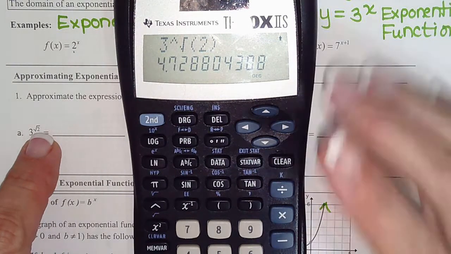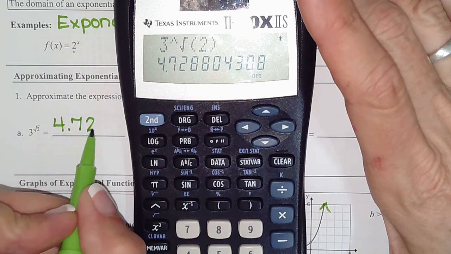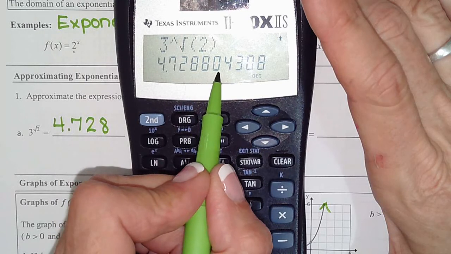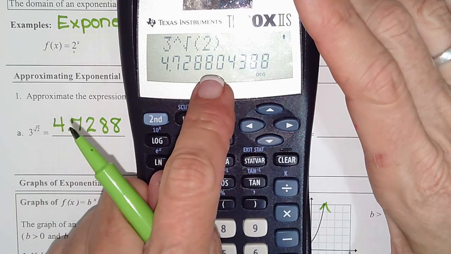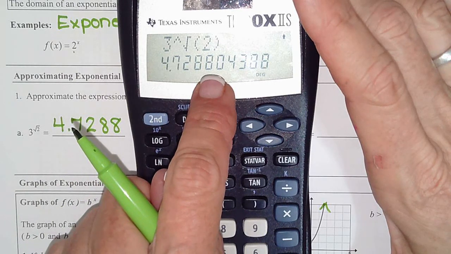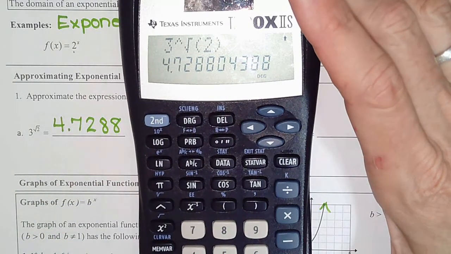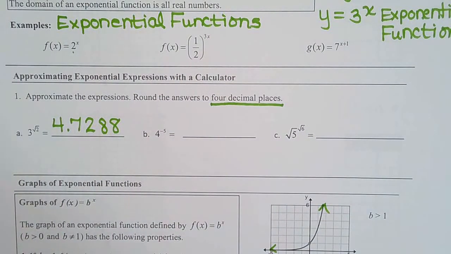So that gives us 4.728. And then we look at the 4th decimal. It's followed by a 0, so that means leave it 8. So our only choice is, does it stay 8 or does it become 9? And in this case, it stays 8. I'm going to wipe off my screen real fast. It looks like it's all smudged.